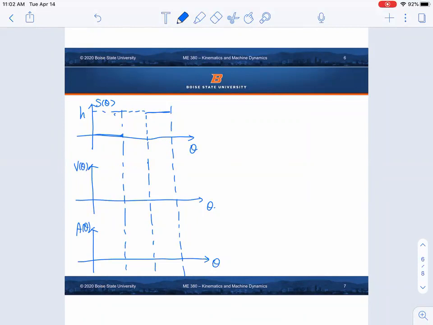So the first segment, your velocity is 0. The third segment is 0. Acceleration is the same thing. All right, so in this case, let's focus on segment number 2.